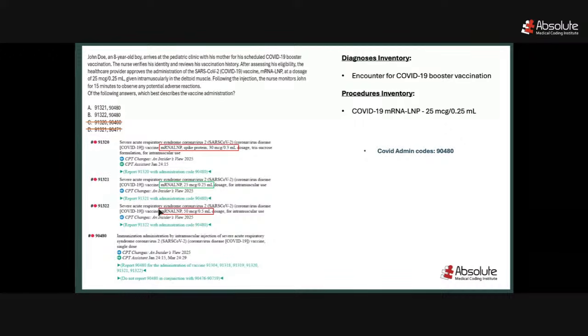All we have to do is to cross check with our procedure inventory, and the procedure inventory states that the doctor used a 25 mcg per 0.25 ml dose, which means option A is the correct answer and not option B. And as most of you have said, I can see only option A in the chat. Yes, 91321 and 90480 is the correct answer. Okay, great job.